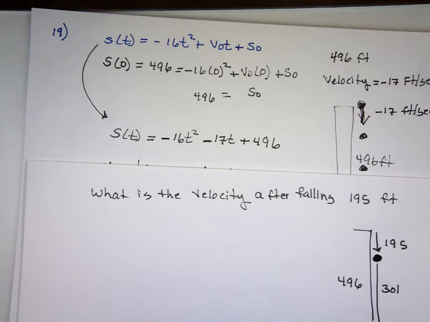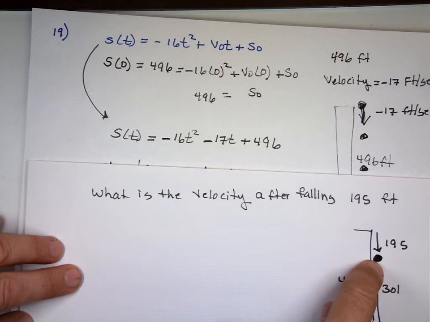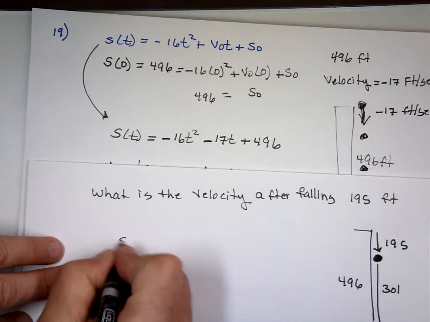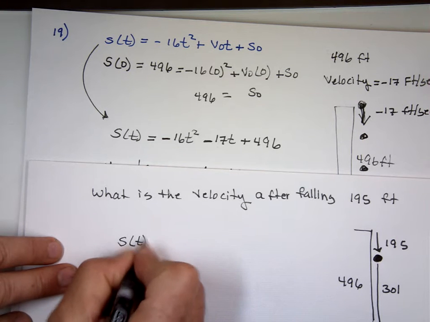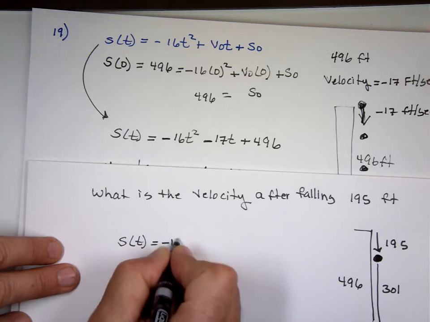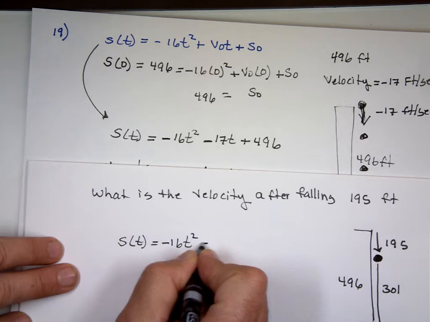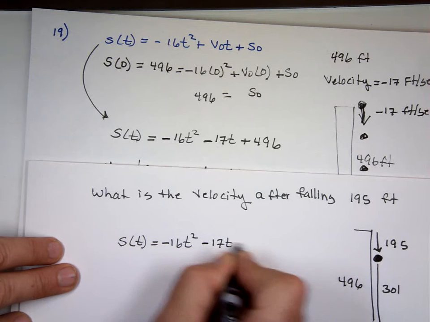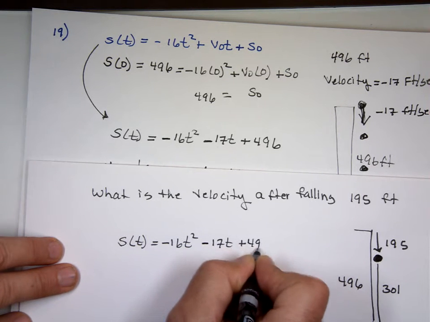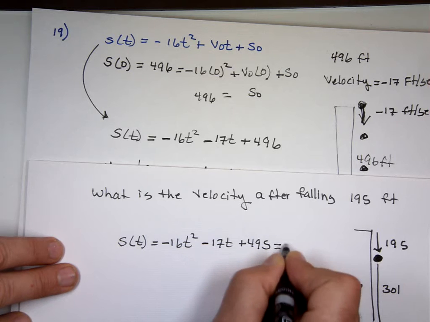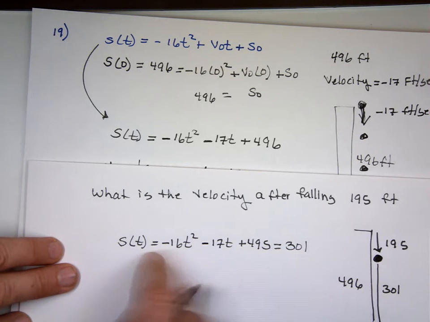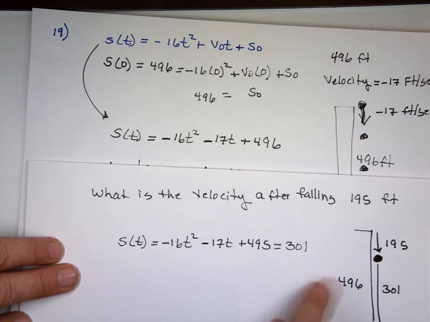So how long is it going to take the rock to be at that height? Well, go to that equation. We know s of t equals negative 16t squared minus 17t plus 496. Let's set that equal to 301 and find out the time the rock is going to be 301 feet above.